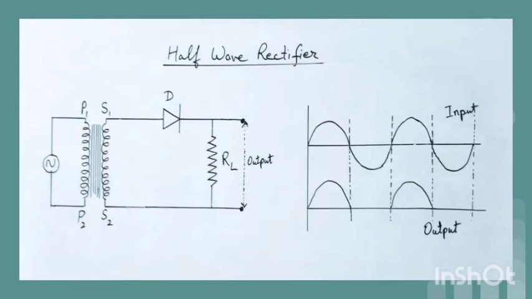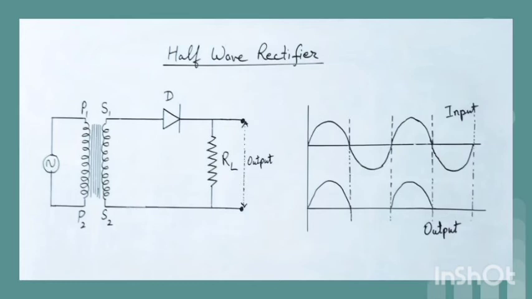During a half cycle of the input, when S1 is positive and S2 is negative, the PN junction is forward biased and the forward current flows through the load. During the next half cycle of the input, when S1 is negative and S2 is positive, the PN junction is reverse biased and there is no flow of current through the load.